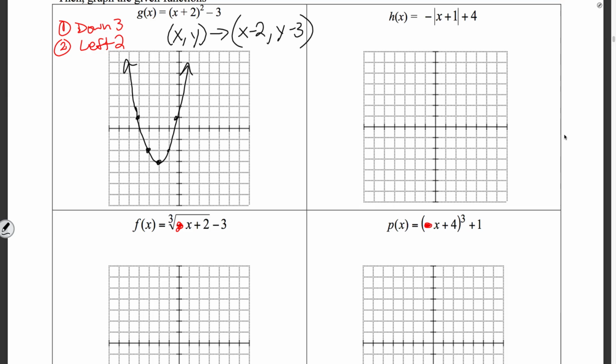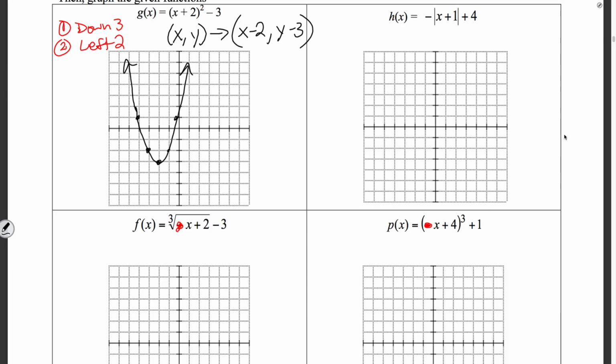So let's do this. H of x, you guys name the transformations that are going to happen. You guys give me the points, like x, y becomes what, and you guys are going to graph it. Okay? F of x, y'all are naming the transformations. You guys are going to give me the point.